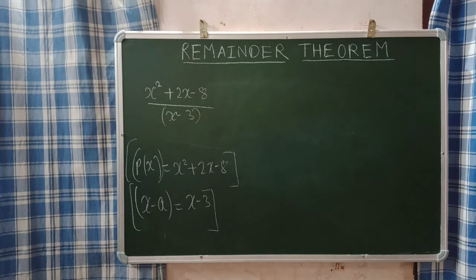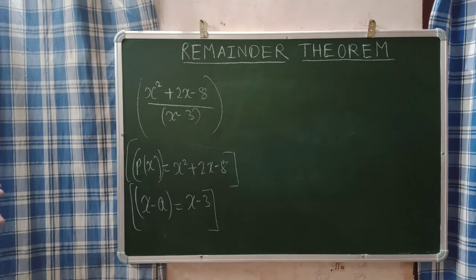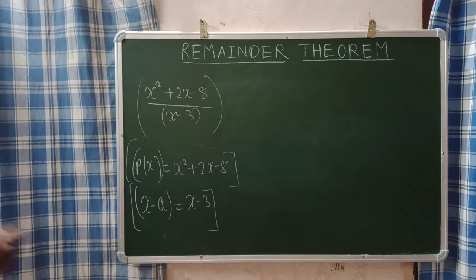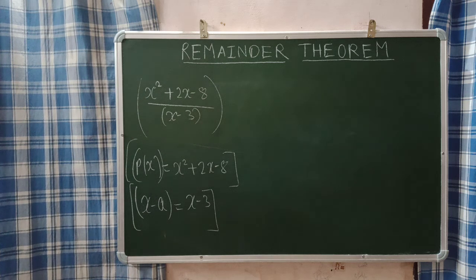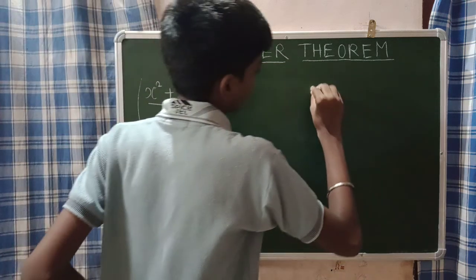For this division, I am not going to ask for the answer. I am going to ask for the remainder. People who don't know the remainder theorem will use the long division method. That's what most people do. So let me first use the long division method.